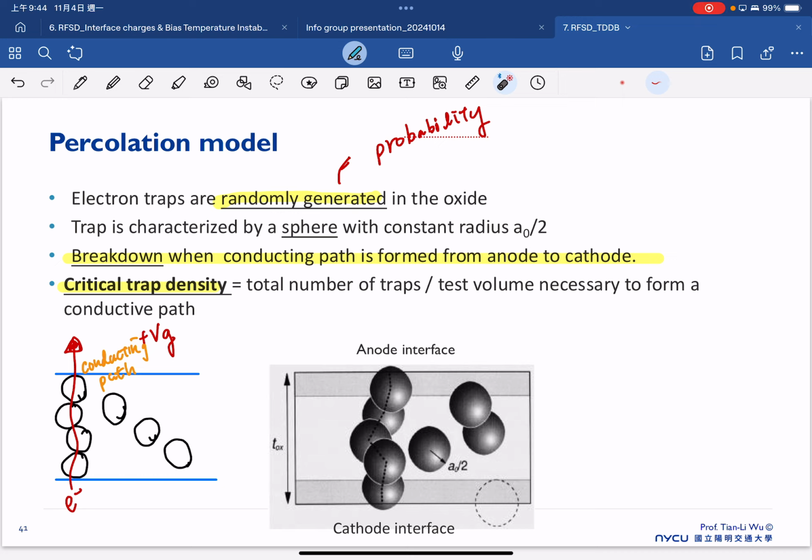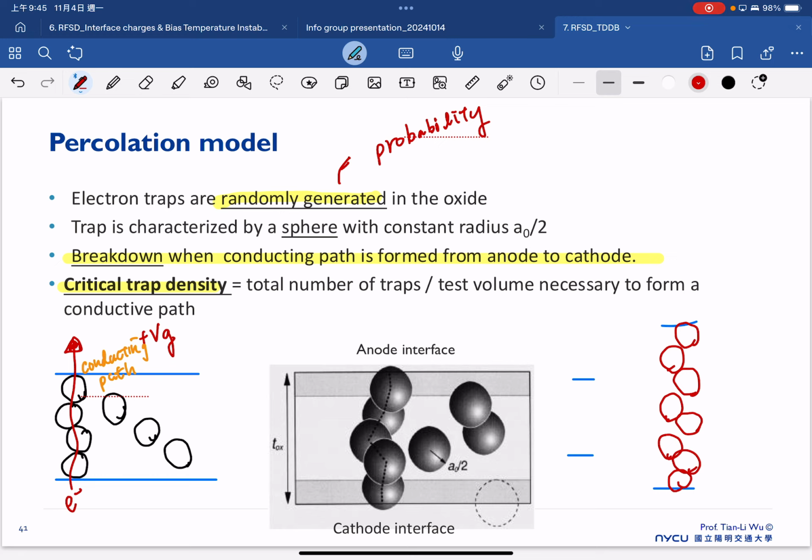And also, the percolation model is very effective at explaining the thickness dependency. If we have a thick dielectric compared to the case of a thinner dielectric, then in the thicker dielectric, for sure, it takes longer for several defects to be connected with each other, because they are randomly generated.